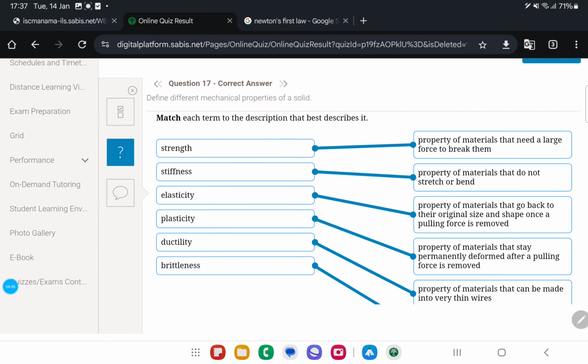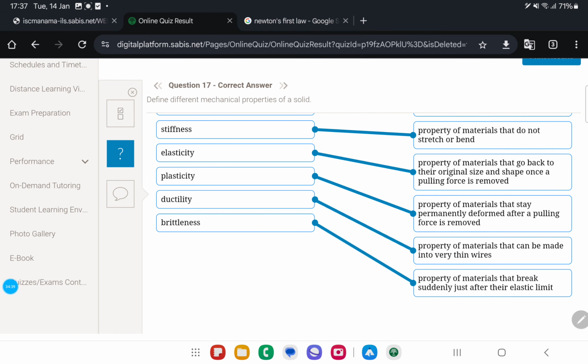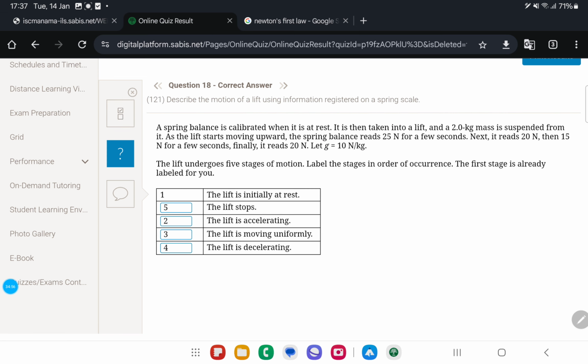That's it. And for ductility, whatever you want to call it, property of material that can be made into very thin wires. Metal is an example. Brittleness, property of material that breaks suddenly just after the elastic limit. If you put it past the elastic limit, they will break immediately, like glass. Alright?